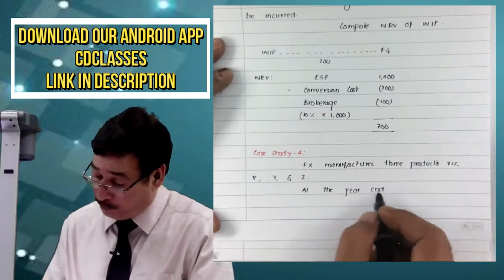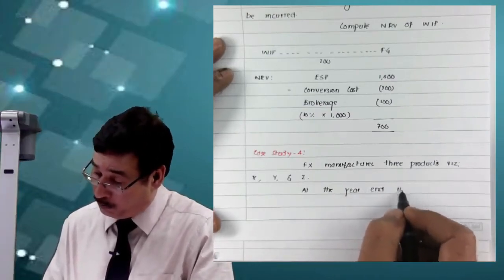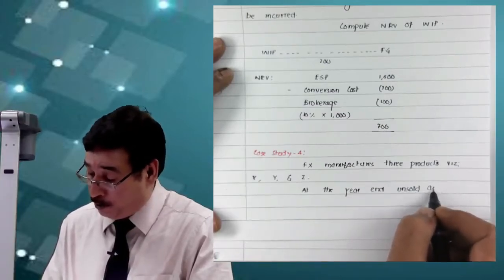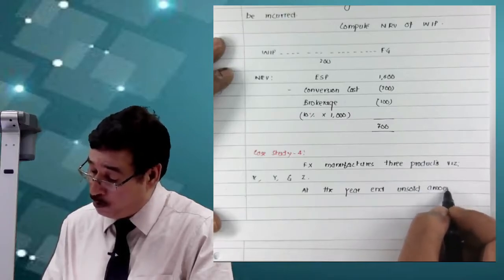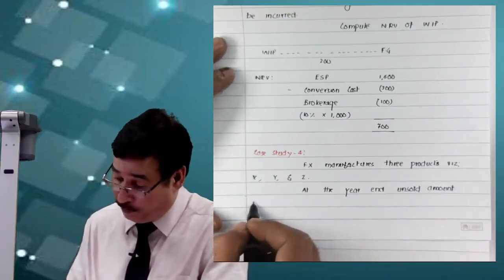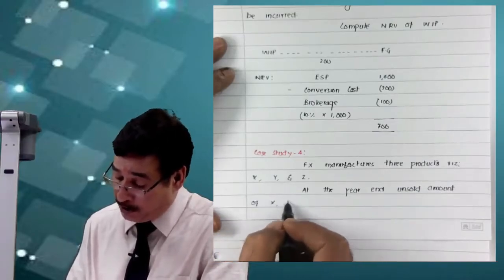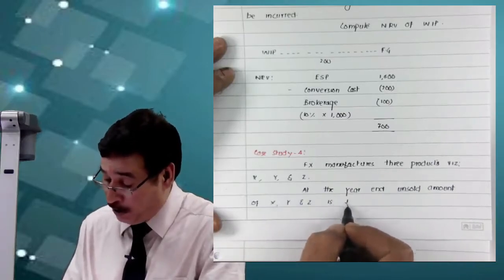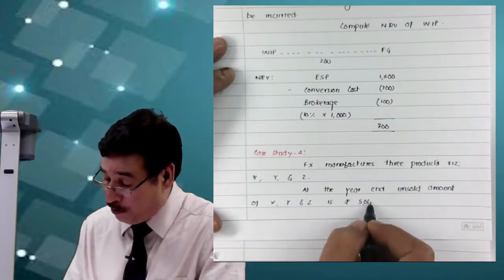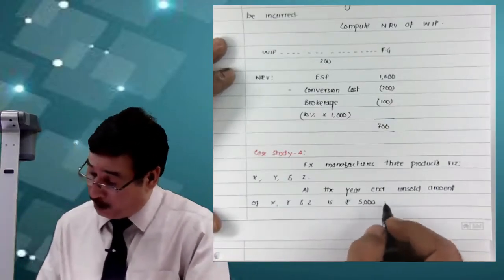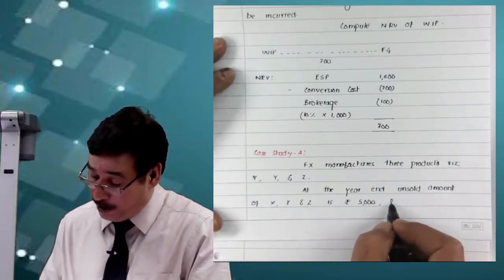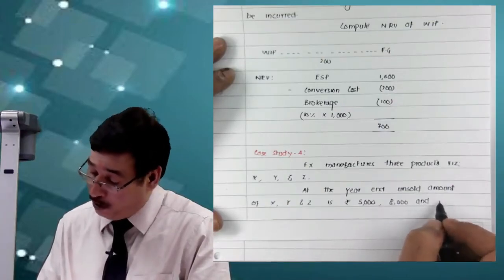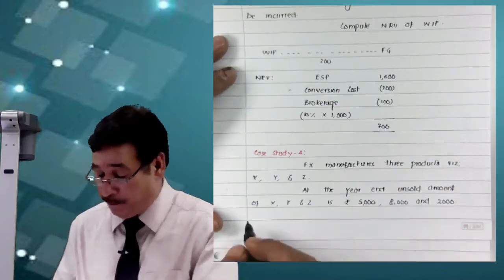At the year end, unsold amount of X, Y and Z is rupees 5,000, correct? Similarly, 8,000 for Y, and 2,000 respectively.